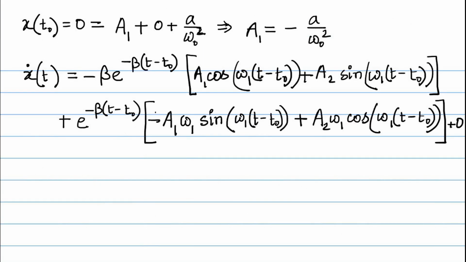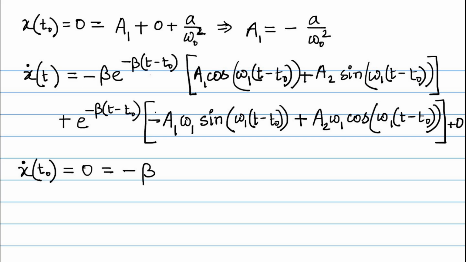Once you do that, now we can plug in t naught in the place of t and set this quantity to 0. So let me see what is the effect of that on the solution. We have negative beta, then the exponential factor becomes 1. Remember, we have explained it before.